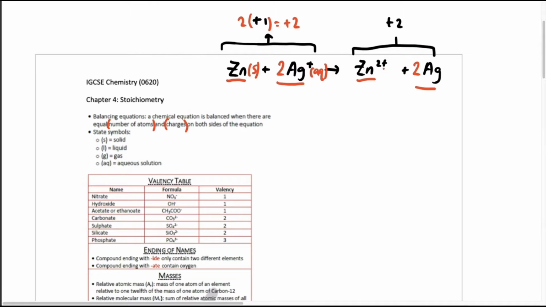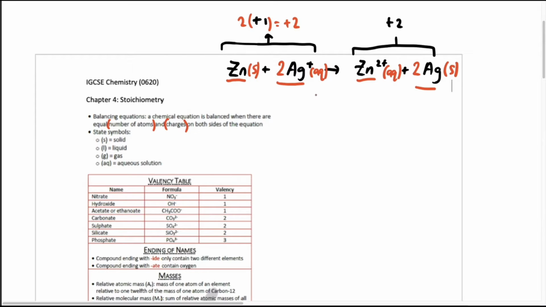So zinc 2 plus, this is an ion. So an ion is normally aqueous. Okay, and then silver is solid. So atoms are solid. So that is how we put the state symbols. So we put state symbols if the question asks you to do so. If the question never asks anything, no need to put state symbols.